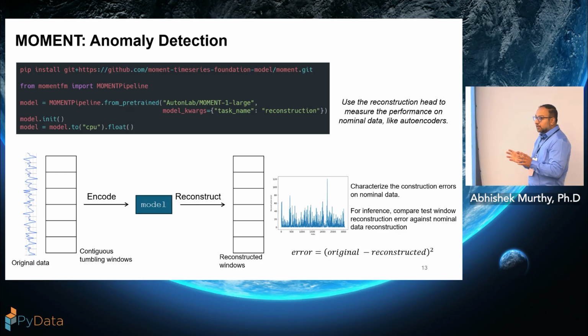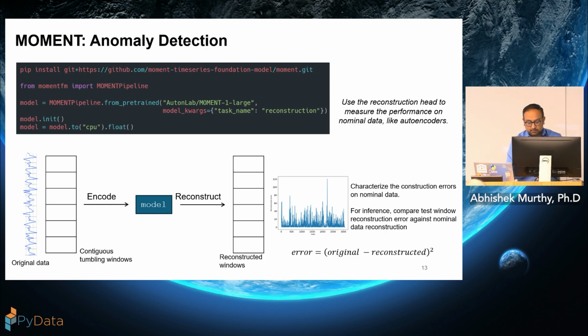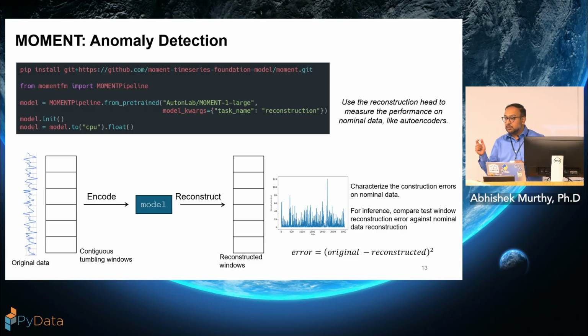Right? So treat it as if someone has given you the autoencoder, is how MOMENT works for anomaly detection. So TimeGPT, which is mainly forecasting based, and MOMENT, which is mainly reconstruction based, can be used for novelty detection. MOMENT is open source, and TimeGPT is proprietary.